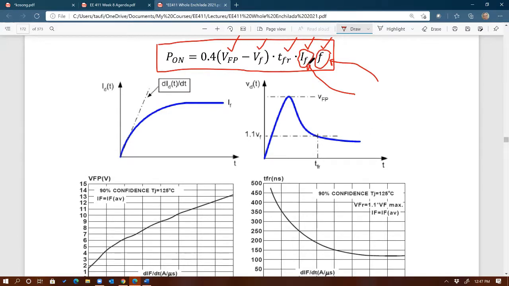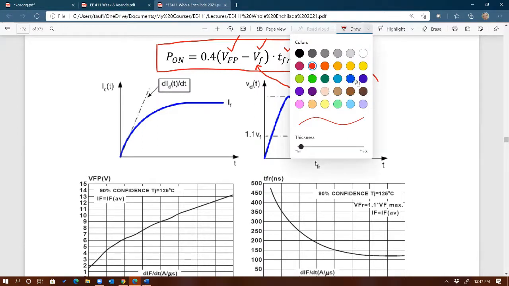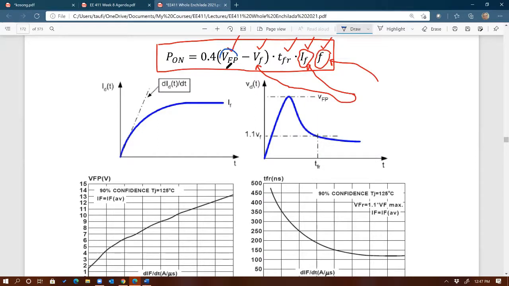That's the DC current through the diode. VF, we already know this, that's the forward drop across the diode given IF. So these two are related, and you already know how to get VF from IF. The one thing that we don't know yet is, actually just two: we don't know what VFP and TFR are. So how do we do that?